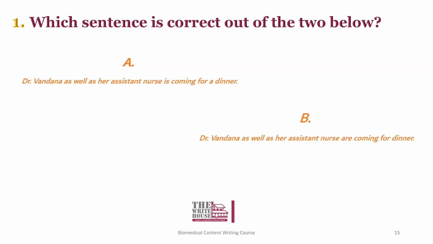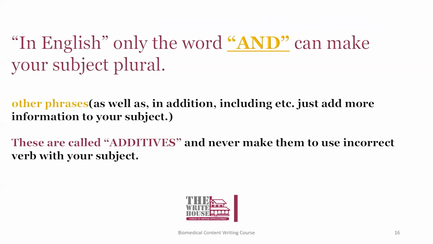But here, as well as her assistant nurse keeps Dr. Vandana as a singular subject. So option A is correct. That is Dr. Vandana as well as her assistant nurse is coming for a dinner. These are called additives, and they never make you use an incorrect verb with the subject.